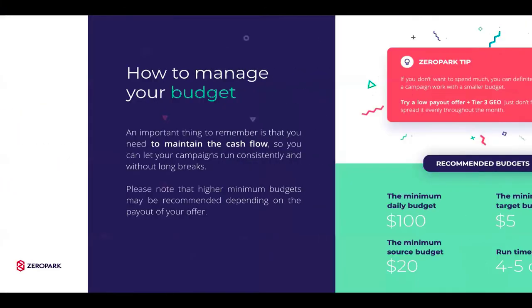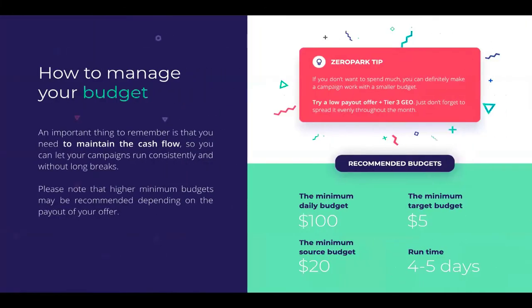And that brings me into budgets. A general rule that I like to have when it comes to setting up a budget for your campaign is a minimum daily budget of $100. The reason for this is you want to be able to run your campaign for a long enough period of time so that you can identify what time of day the campaign is working best.